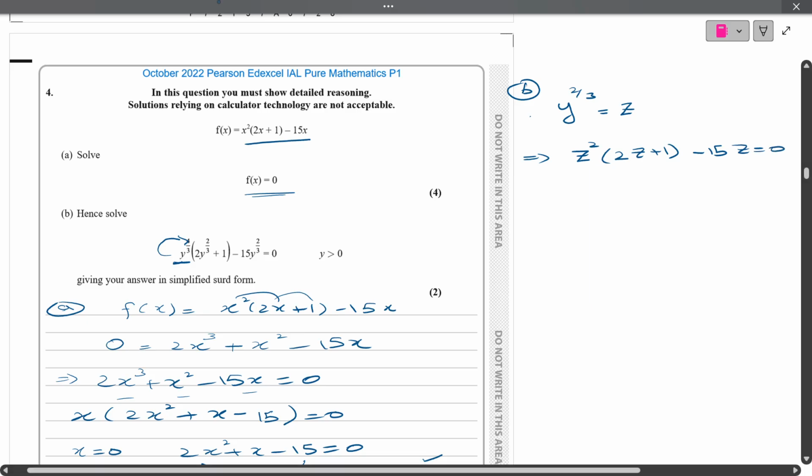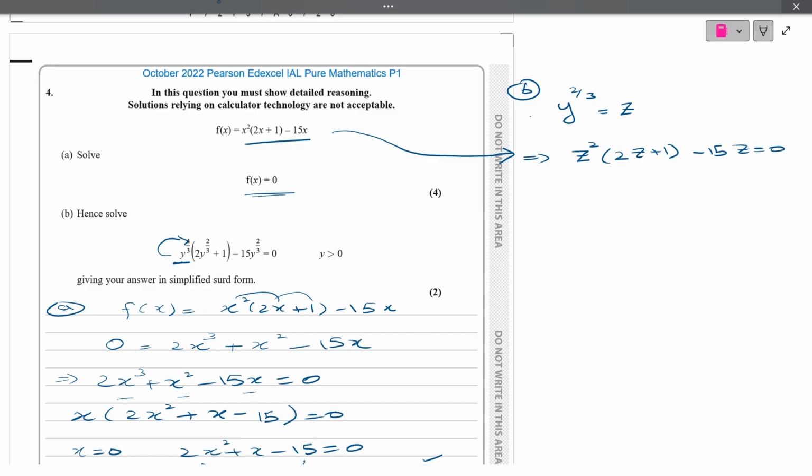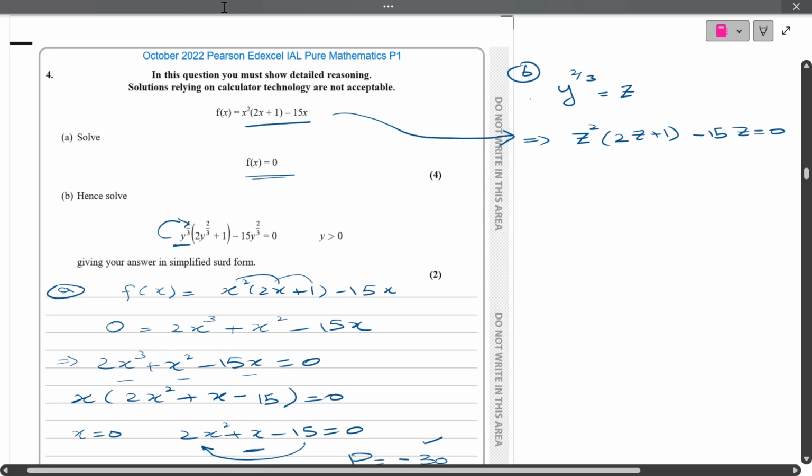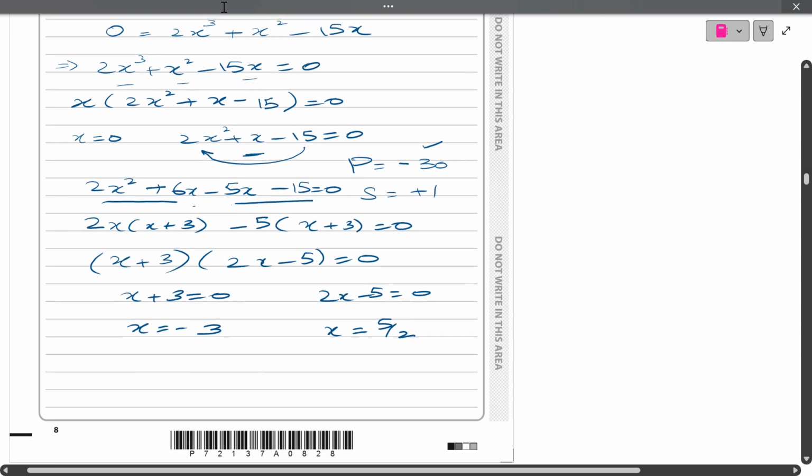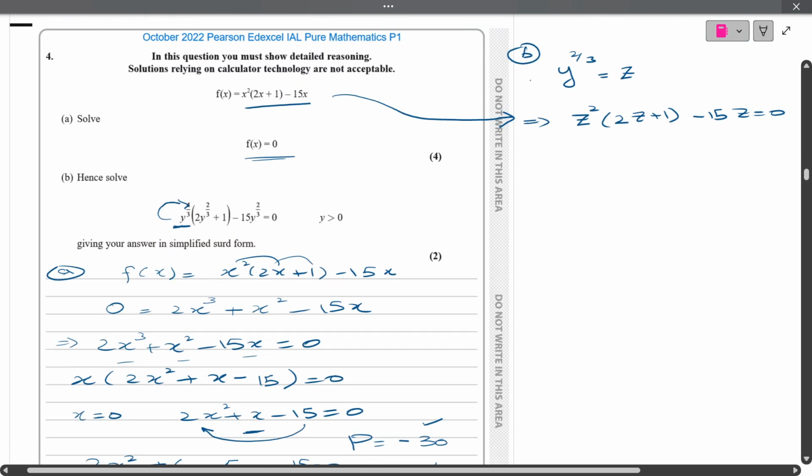So we can see that this equation is similar to my first equation, f(x) equals x squared times (2x + 1) minus 15x. If I solve it, I'll get the same values as I got for x, negative 3 and 5/2.